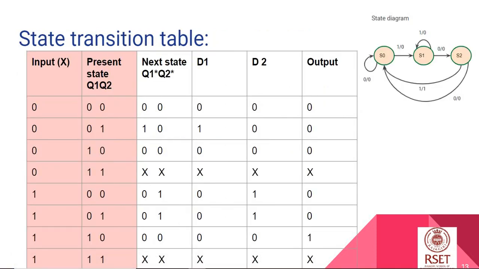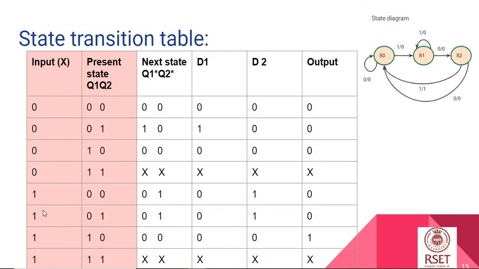So now we have obtained our state diagram. We have to draw a state table. In the state table, we know we have the present state. We have 2 bits over here for the state: S0 is 0, 0, state S1 is 0, 1, and state S2 we can represent as 1, 0. So we have 3 states represented as 00, 01, 10. And for the inputs we have 0, 0, 0.